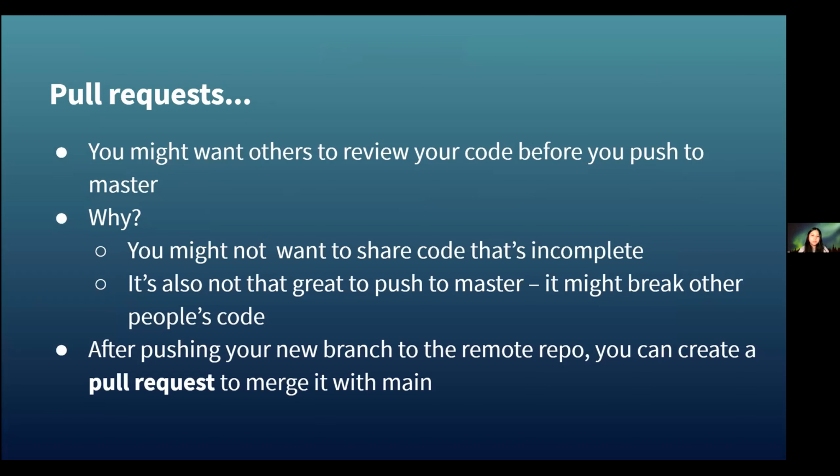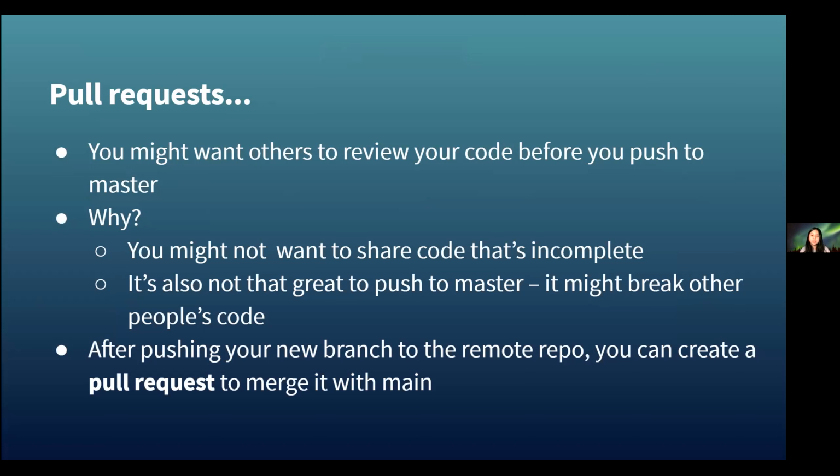That is because you might have some issues in your code that you yourself might not have spotted, or maybe you haven't finished your code and it's incomplete. And of course, if those are true, then if you do push to the main branch, you might break other people's code in the process, which is not a great idea at all.